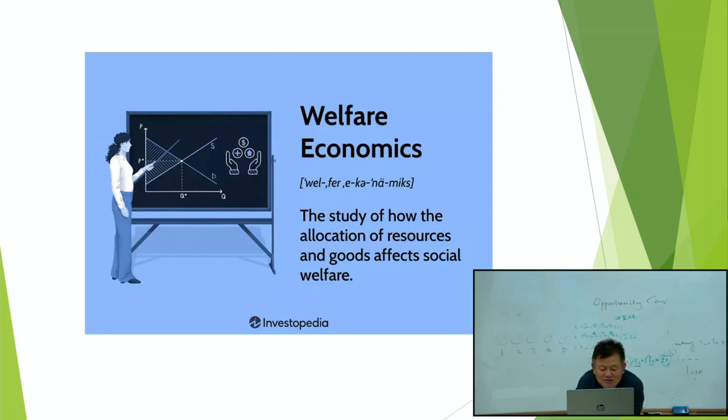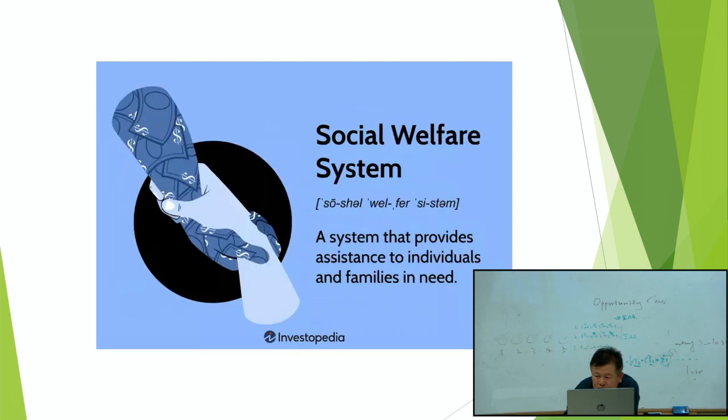So, how the allocation of resources and goods affects social welfare. This is welfare economics. How to use social welfare? Every country wants to build up social welfare systems, but it's very difficult.